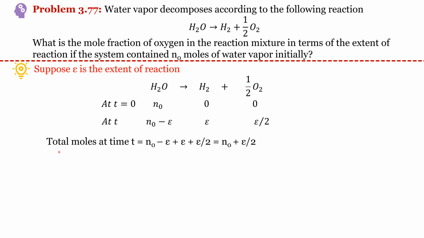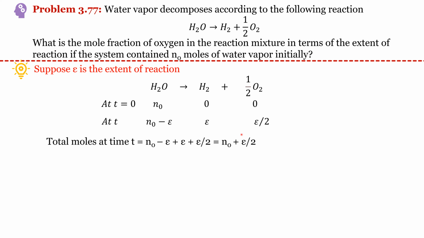So we can write total moles at time t will be equal to N naught minus epsilon plus epsilon plus epsilon by 2, and it will come out as N naught plus epsilon by 2. So these are the total moles at time t, and the moles of H2O, H2 and O2 which are present at time t are also known.